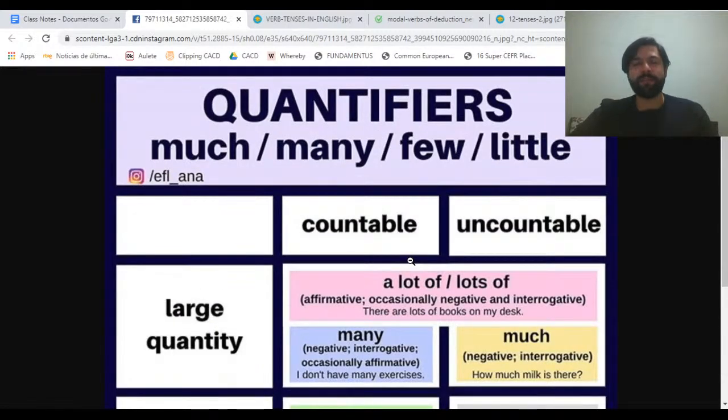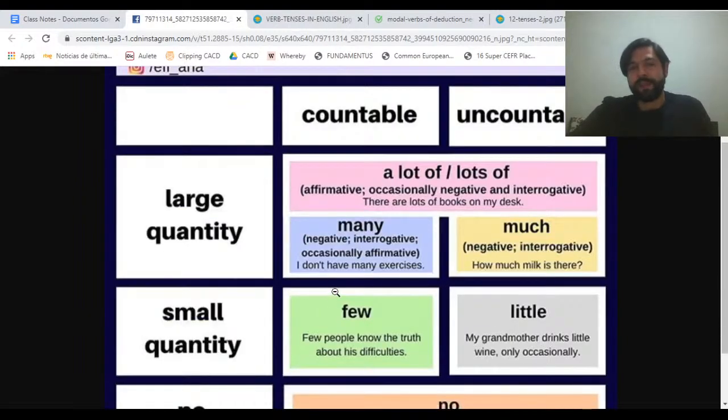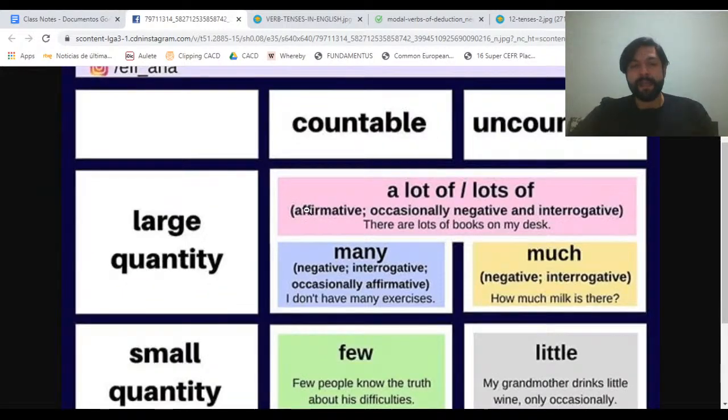It's nothing different from things you already do with those words. Just remember some details like when it's countable or uncountable. You can see here in the picture that we use a lot of or lots of for both countable and uncountable, okay? And it's used in affirmative, occasionally negative and interrogative sentences.